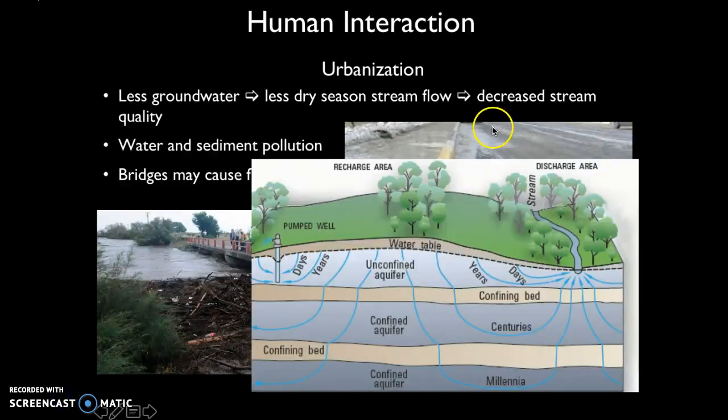Another effect of urbanization is that we're going to have less groundwater. If you think about it, because we are speeding up the rate at which water goes from the source to the stream, so that lag time is decreasing, less water is going to actually infiltrate into the ground, right? And as less infiltrates into the ground, less of it becomes groundwater.